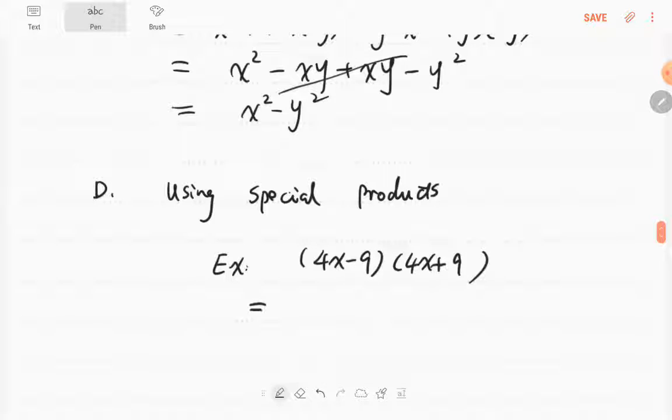So for the first one, we already realized this is a special case, right? The two terms are just the same. If we treat the terms as 4x and 9, we will realize this is just the case we talked about. The sum of 4x and 9 and the difference of 4x and 9. So this is the special case. We remember only the squared terms are left and we have a negative sign in the middle.